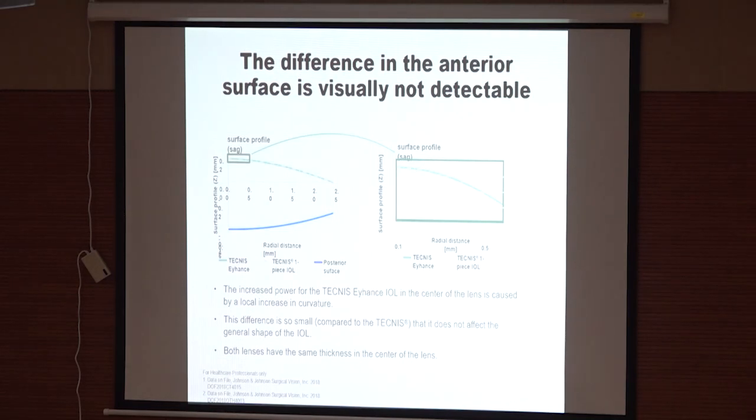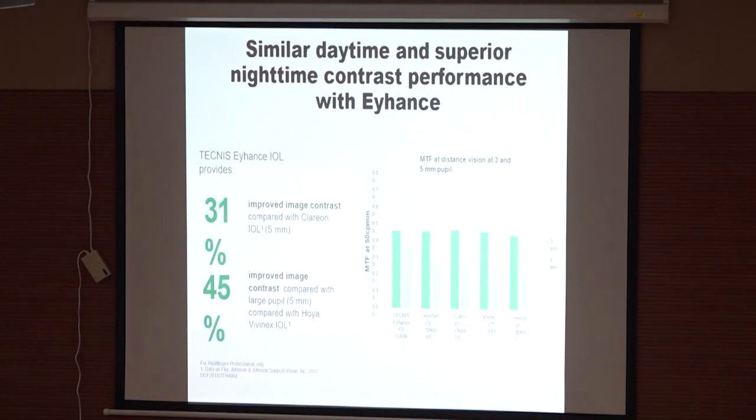And like I said, the difference in the surface is essentially undetectable compared to a Technis monofocal. And what people have seen around the world is that the performance of this lens is practically the same as far as nighttime contrast and halos and glare are concerned, almost the same as a Technis monofocal. So it's a very forgiving lens.